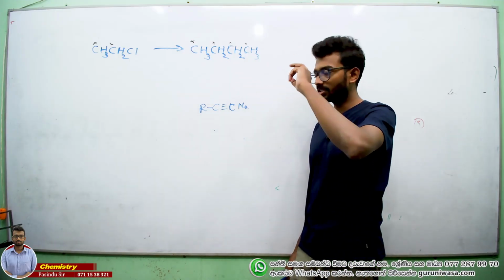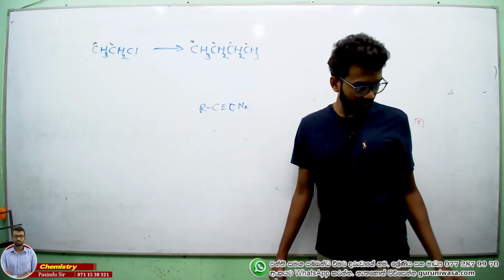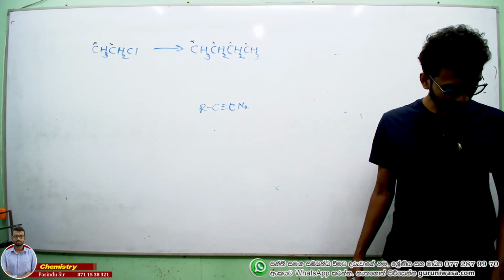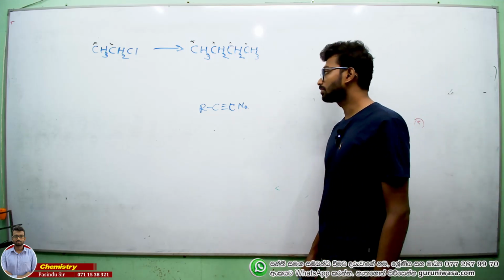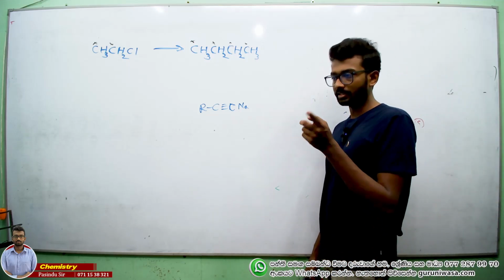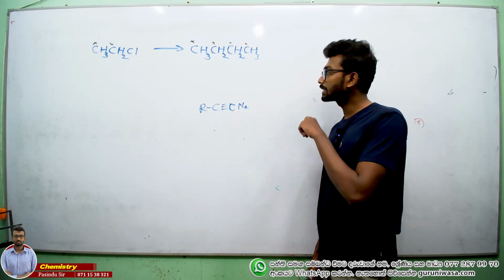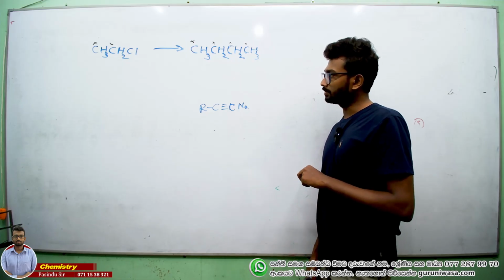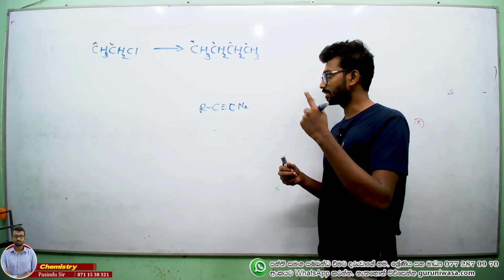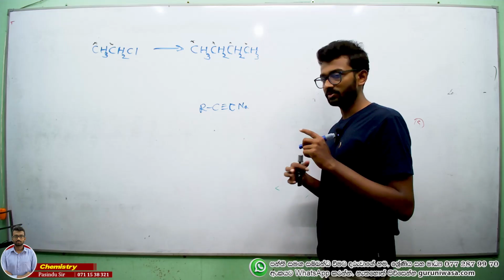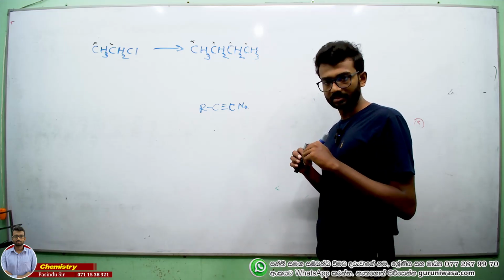So if we can make this kind of molecule, we can increase the number of carbons. But if we go with that process, again there is a problem. I'll explain the problem. I will do the conversion, but I will also explain the practicality.